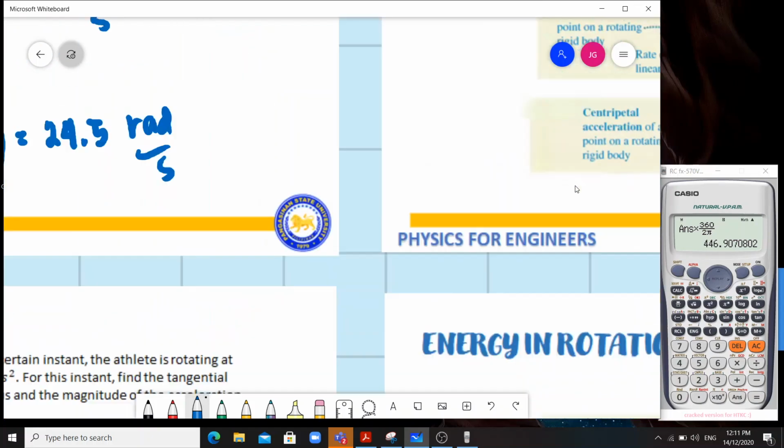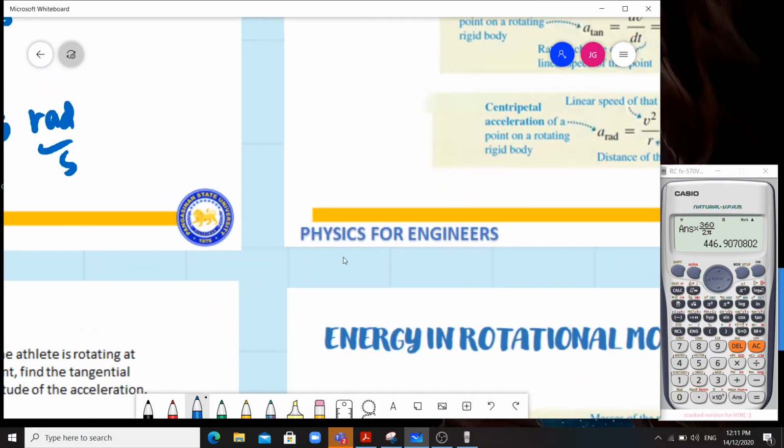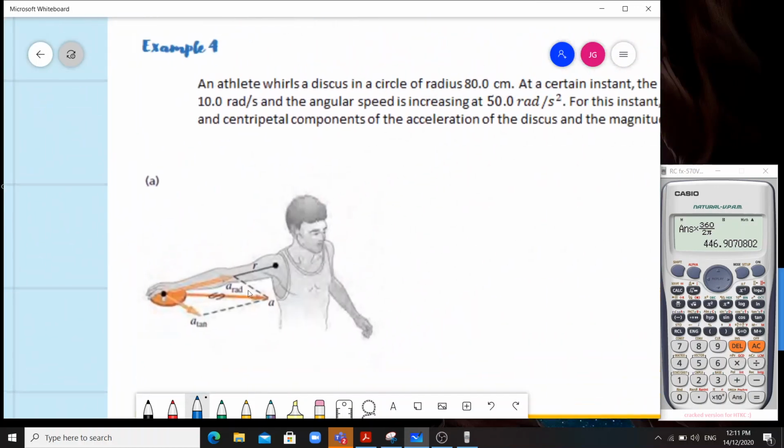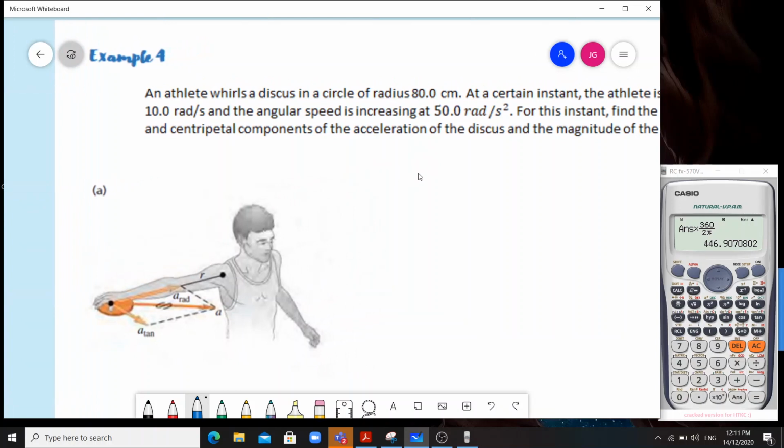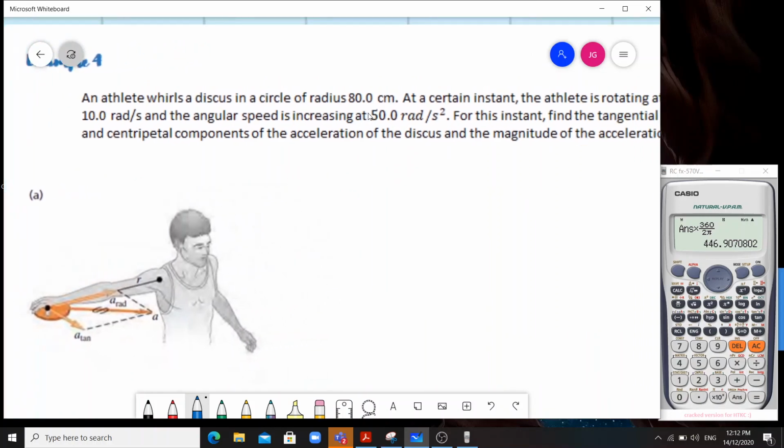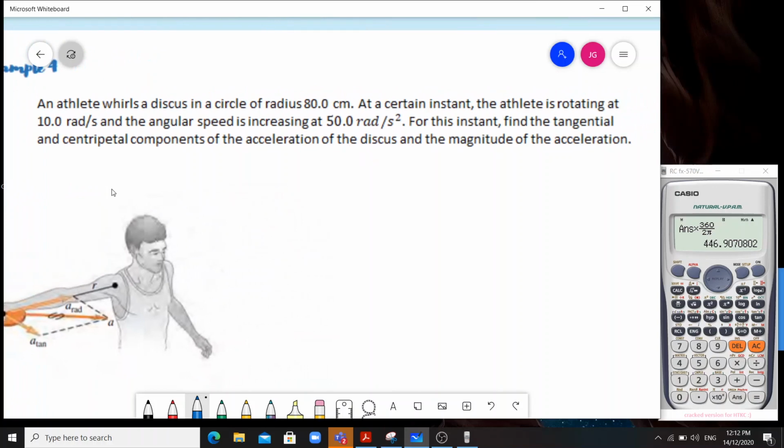So let us apply that in example 4. An athlete whirls a discus in a circle of radius 80 centimeters. At a certain instant, the athlete is rotating at 10 rad per second and the angular speed is increasing at 50 rad per second squared.